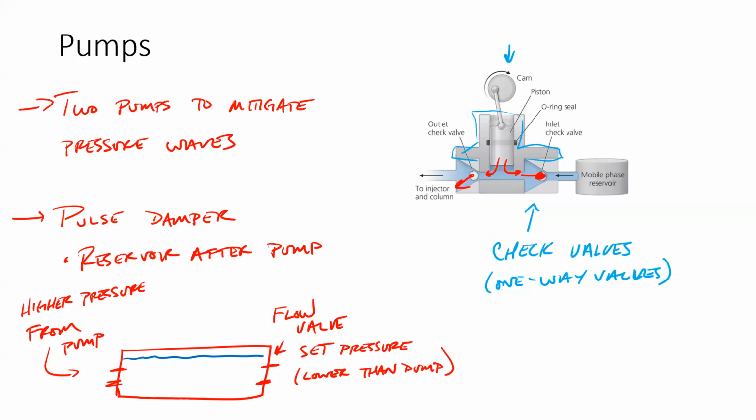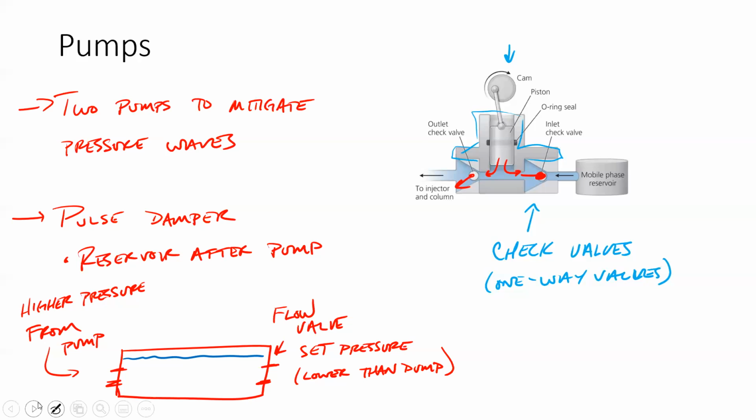And so say you're pumping in there at, I don't know, 1 PSI. We don't really measure liquid pressures in PSI, but it works. At 1 PSI, that flow valve might be set to 0.9 PSI. What that's going to do is that as your pressure comes in, if it's coming in a little bit of a wave, so that you don't have a constant 1 PSI, you'd set this to essentially the minimum of that pressure wave, so that it maintained pressure even if the pump didn't.